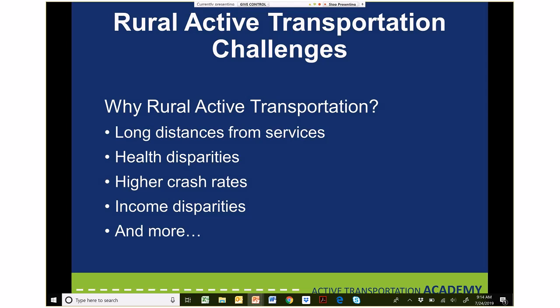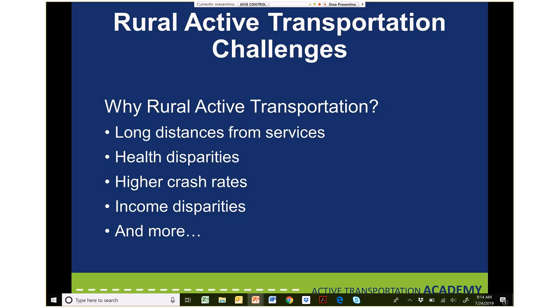There are health disparities that the Ohio Department of Health and different national health organizations have done research on, showing that there are specific health disparities in rural communities as opposed to other types of communities. And we get into what those are and how some of them are directly related to inactivity and other environmental factors.